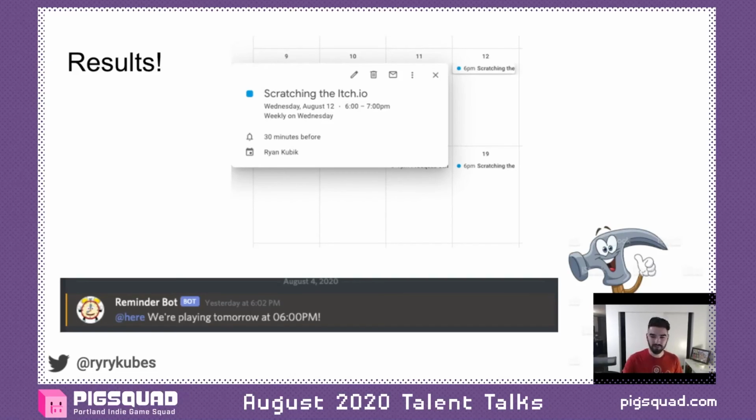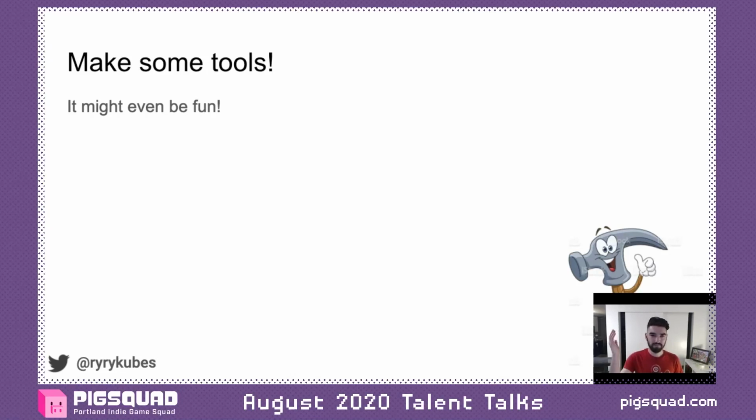And that's part of the beauty of these tools, that you can use them everywhere. As our lives are lived more and more online, especially in these very online times right now, these sorts of things are only more and more useful. So yeah, make some tools. You might even have fun.